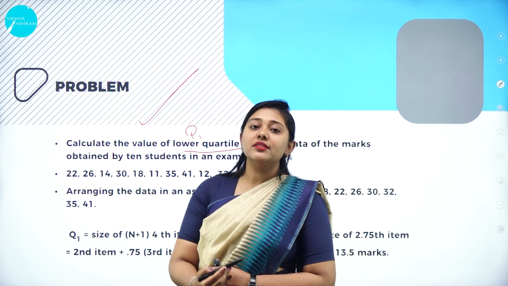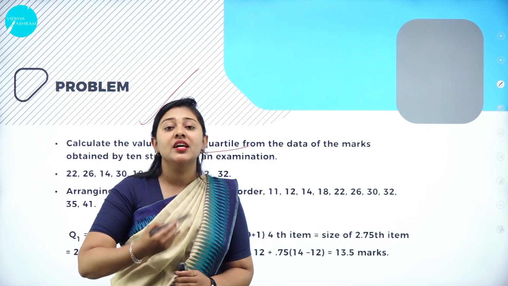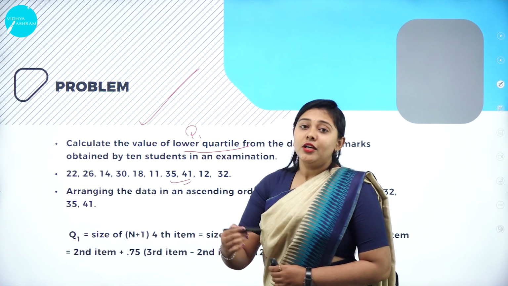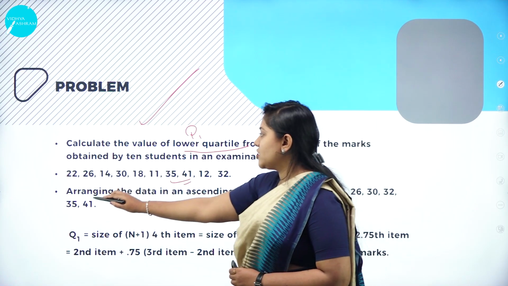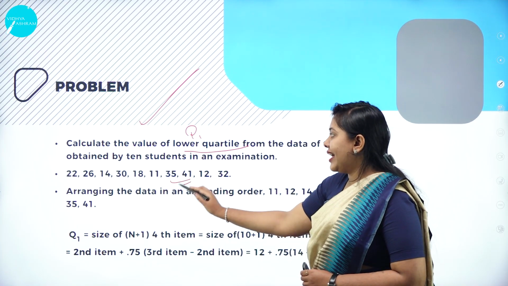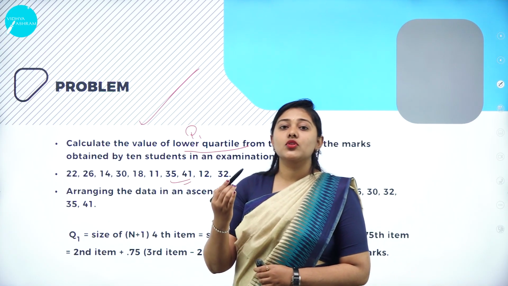The 10 students who attempted the examination scored certain marks, and those marks are in front of you. Let us calculate the quartile. The marks are 22, 26, 14, 13, 80, 11, 35, 45, 12 and 32. So the numbers are not arranged.